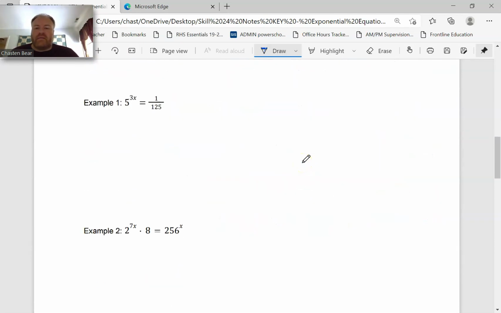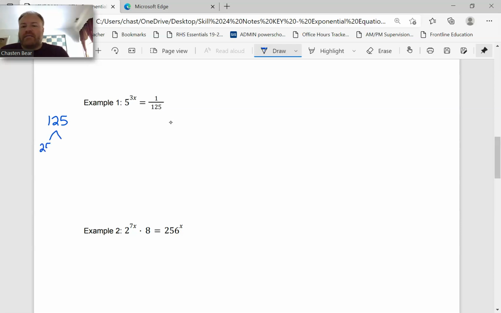So now let's try some problems out. For example 1, I have 5 to the 3x equals 1 over 125. Well, the first thing that I would want to do is think about that 125, and see if I can write that as something with a base of 5.